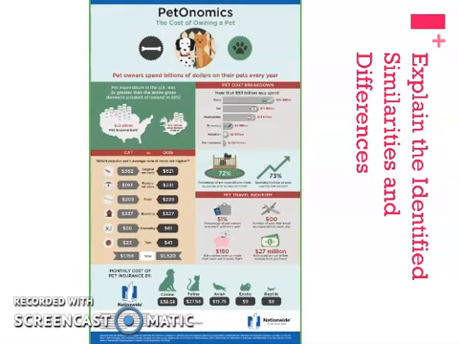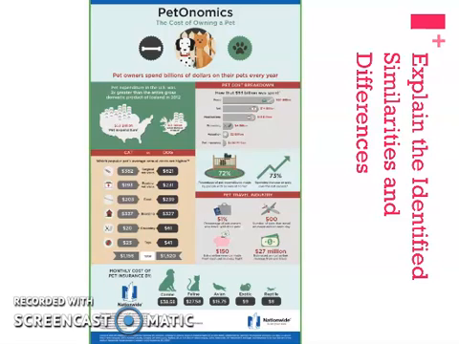So then the next step in the model is where we work on explaining the identified similarities and differences. We noticed them, and now we're going to try and understand why they're there. The teacher might ask some questions like, focusing on the comparison between the annual cost of cats and dogs, how can you explain the differences between the two?